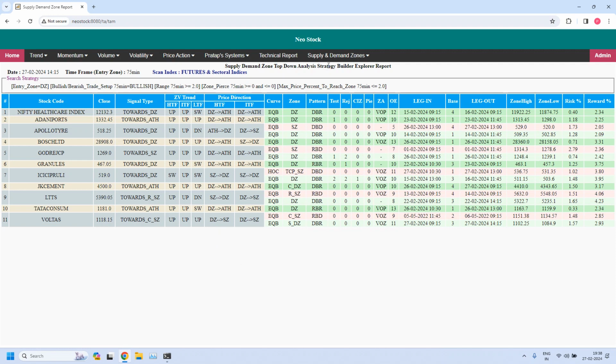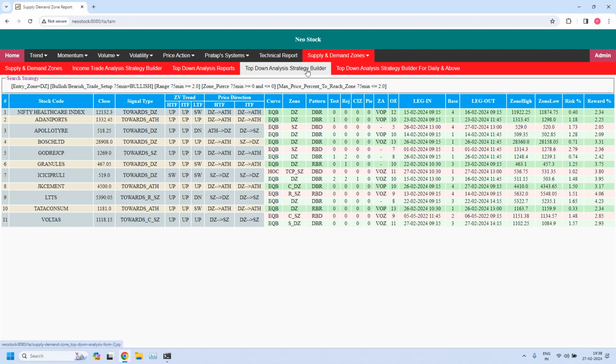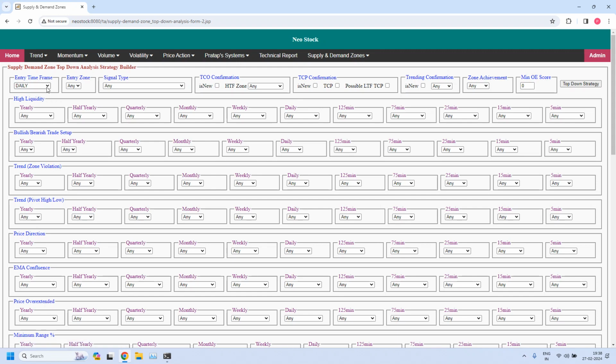Now let us generate a bearish trade setup. For weekly income trade, bearish trade setup, I am selecting the entry time frame as 75 minutes. Now the entry zone should be the supply zone. And in bullish or bearish trade setup, at 75 minutes, we are selecting bearish.